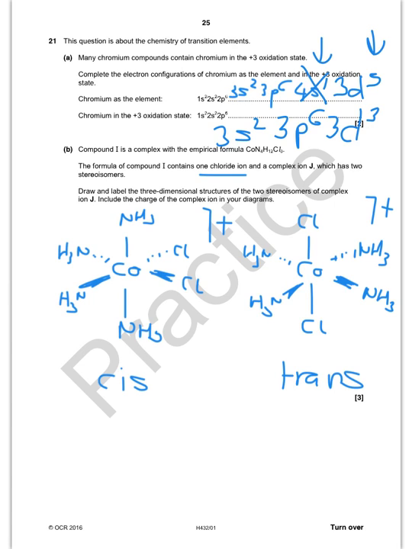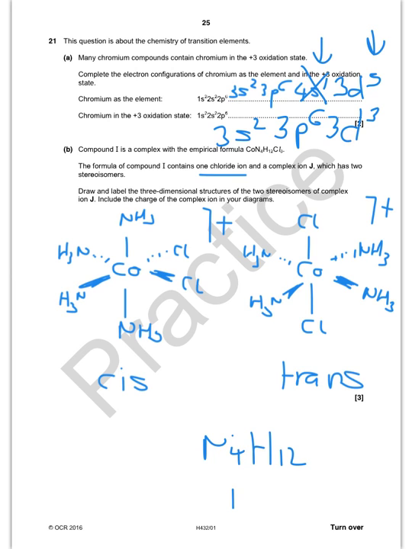like so. Okay, fine. Next on to B, we've got an empirical formula, so it contains 1 chloride ion and a complex ion J, which has 2 stereoisomers. So I've got to draw those. So if you look, you've got N4H12.